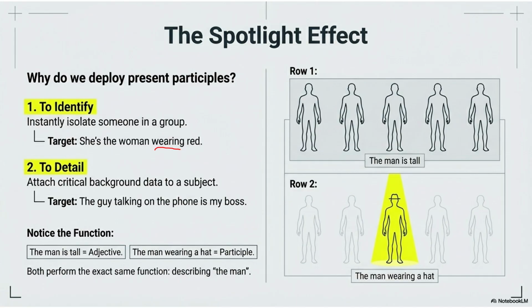If I have, for example, all of these people, and I have to identify one of them, what is the easiest way to say something unique about that person? So that is when the present participles come in handy. She's the woman wearing, identifying. Or the guy talking on the phone is my boss. Again, talking here is a modifier.